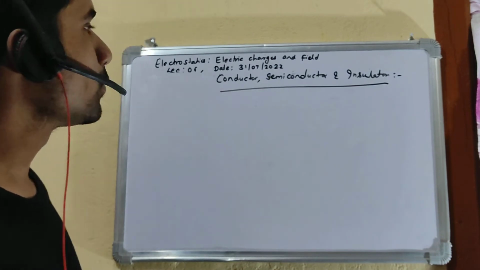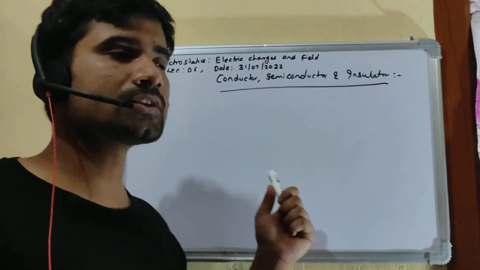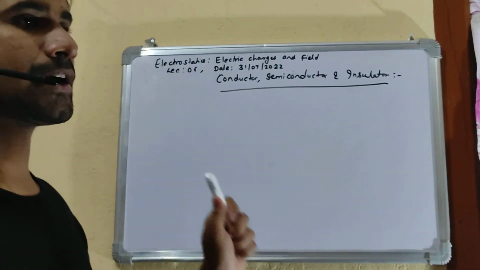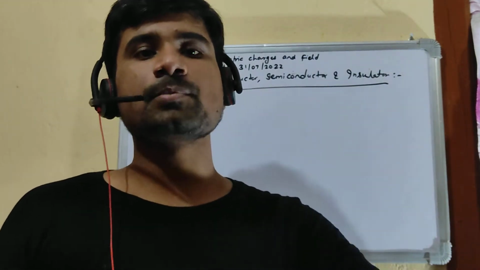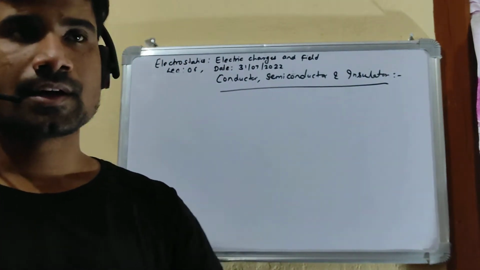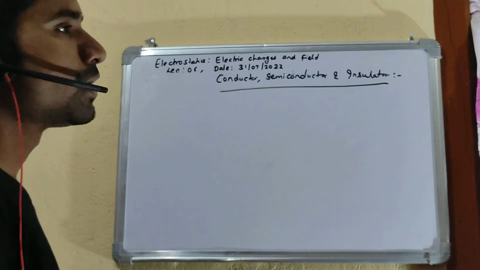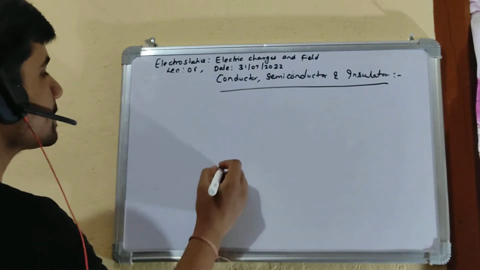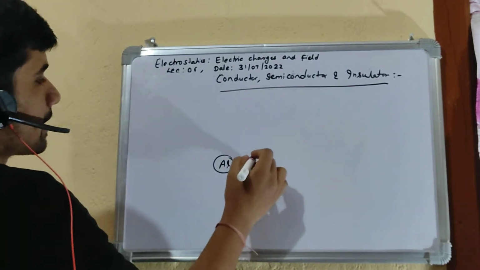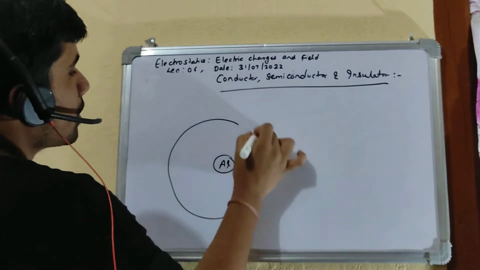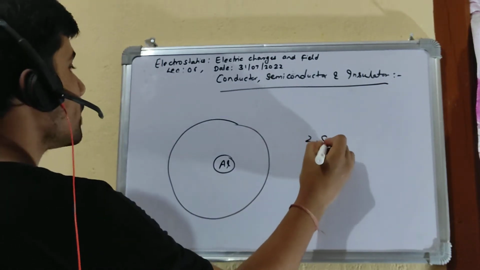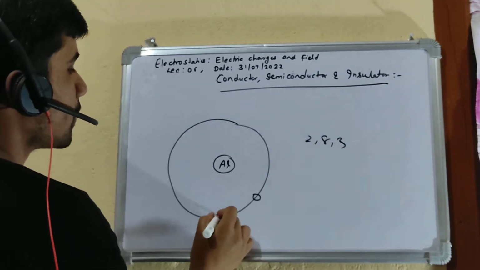Right. So we were discussing conductors. Conductors are those substances in which electrons are loosely bonded to the nucleus. Let's say this is an aluminum nucleus, and we have an electron. The electronic configuration of aluminum is 2, 8, 3, and we have 3 valence electrons.